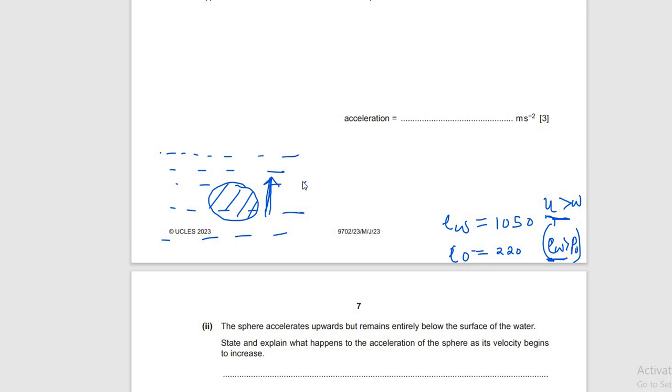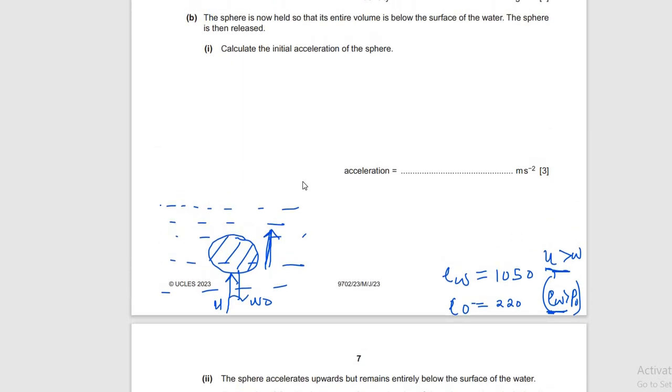Now, we have two forces in this case, the weight of the object and the upthrust produced by water. Upthrust is going up, the weight is coming down. Both are measured in Newton. So in physics, what do you do when you have two or more forces acting on an object? You find the resultant force.